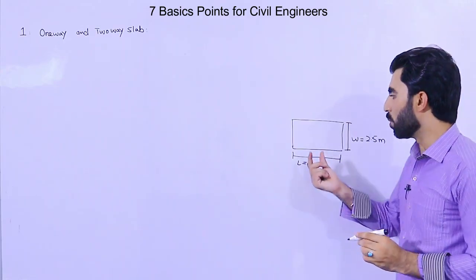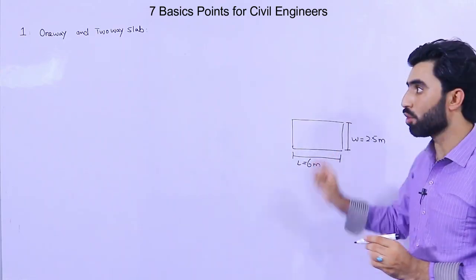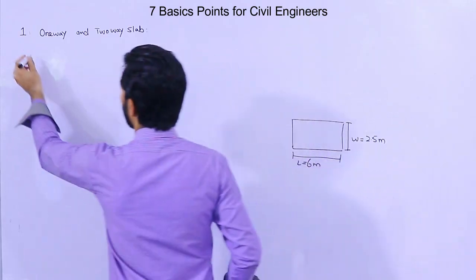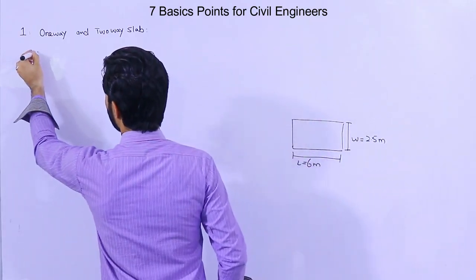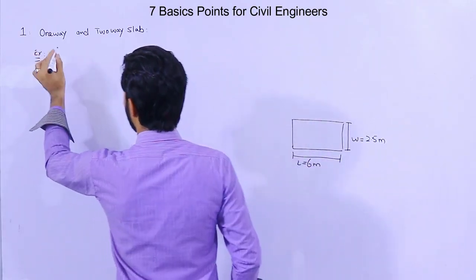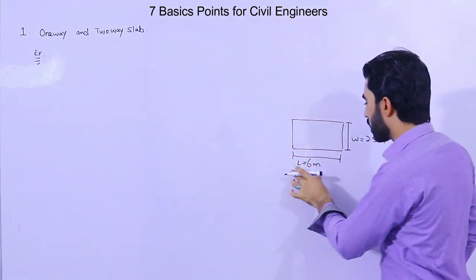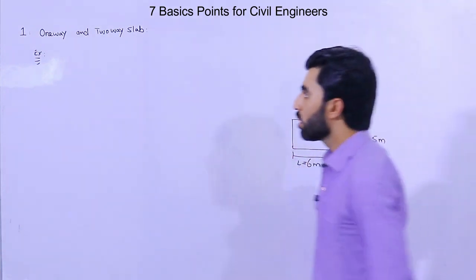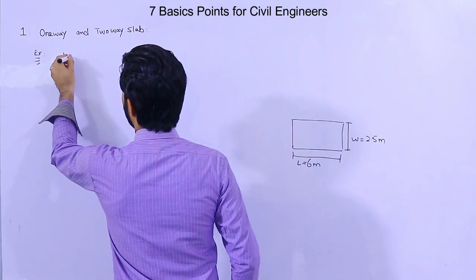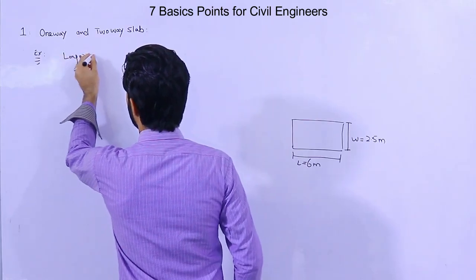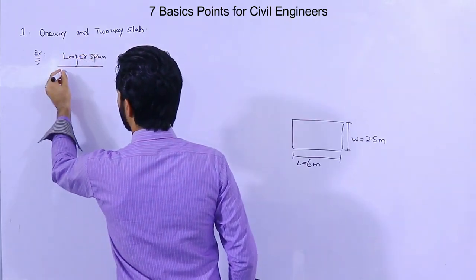So how will you know if this is a one-way or two-way slab? For that I will give you an example. As I told you before, this is the longer span and this is the shorter span.